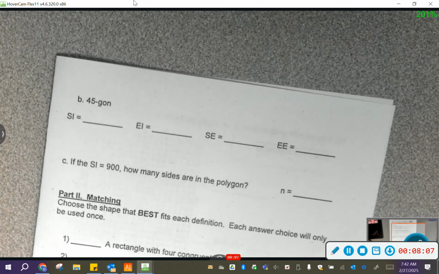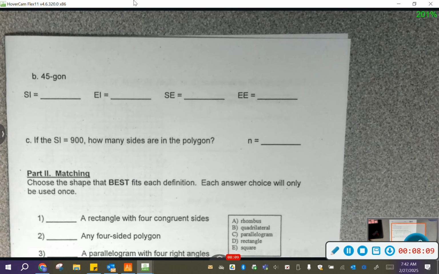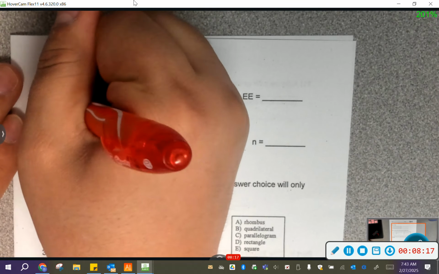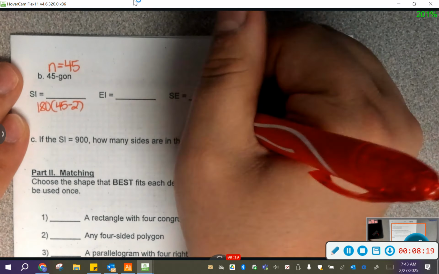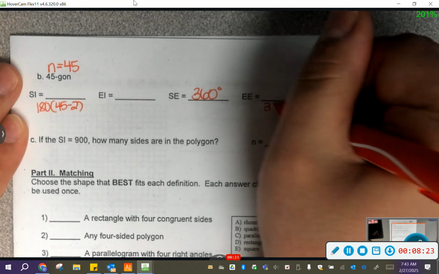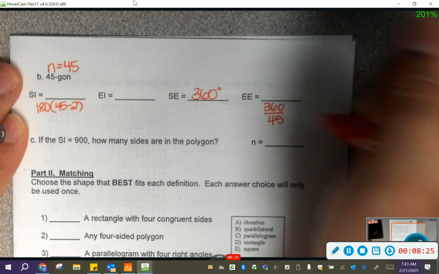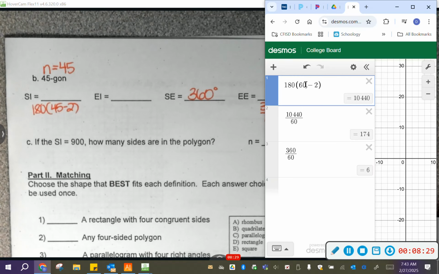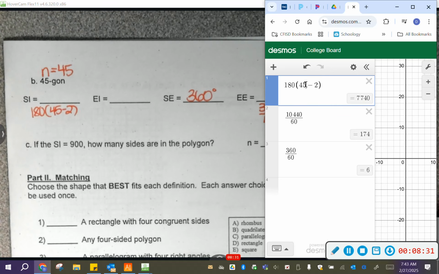Alright, I'm going to do the same thing for the 45-gon. I'm going to type in n equals 45, sorry, not 44. I know SE is 360. I can basically change these numbers, right?